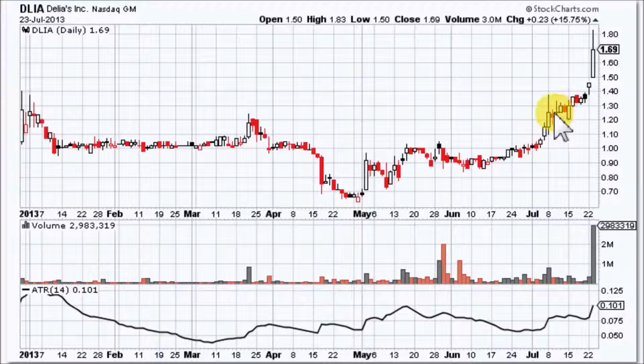It's above all resistance into blue sky territory. Then it consolidates again right here. It's not all that volatile, but then on this big move up here on huge volume, it breaks out into blue sky territory above all levels of resistance on volume, and volatility picks up.